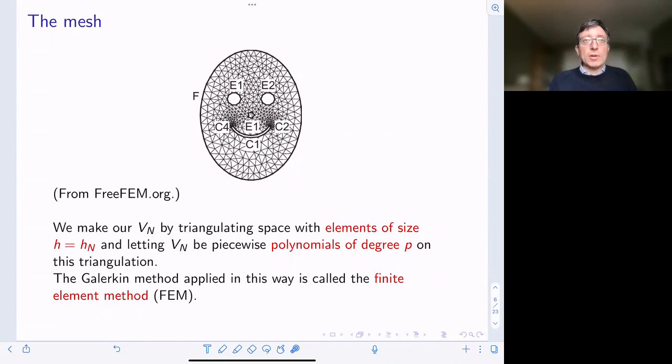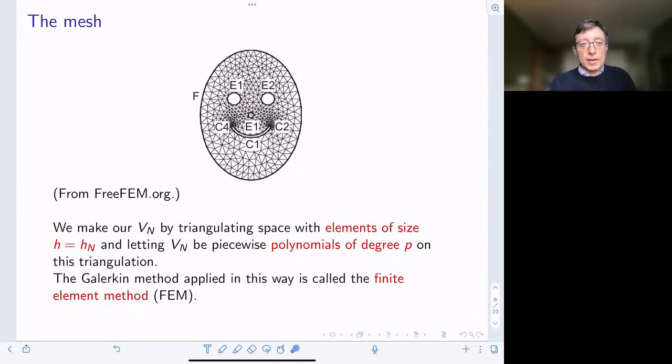And you can make a sequence of subspaces by shrinking the mesh size and refining things. You could also make a sequence of subspaces by increasing the polynomial degree, if you were so inclined. So when you apply the Galerkin method this way, so you've got a finite dimensional subspace and then a solution in the subspace that's supposed to approximate your real solution, that's called the finite element method. That's what FEM is. Any questions, by the way?